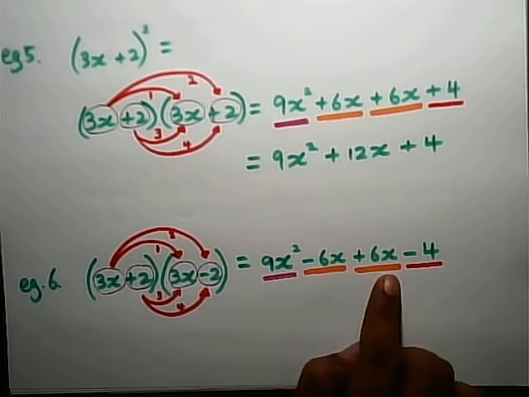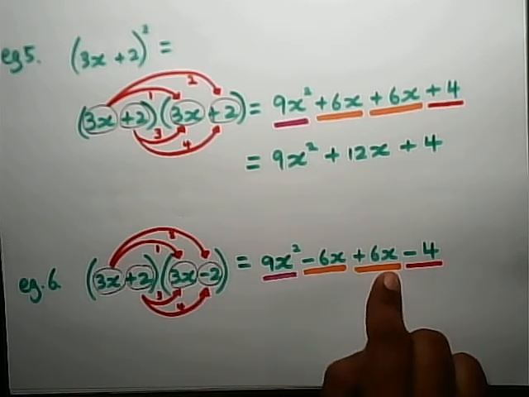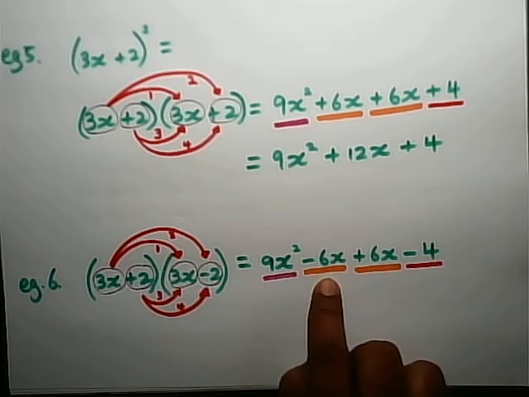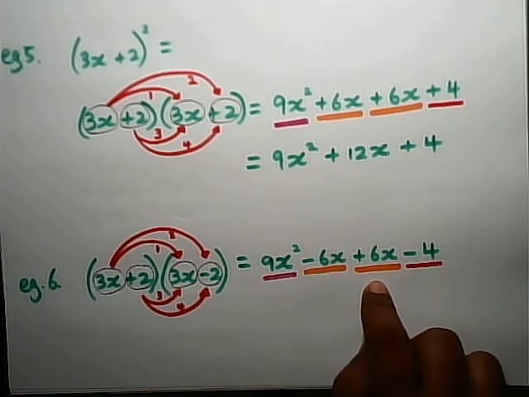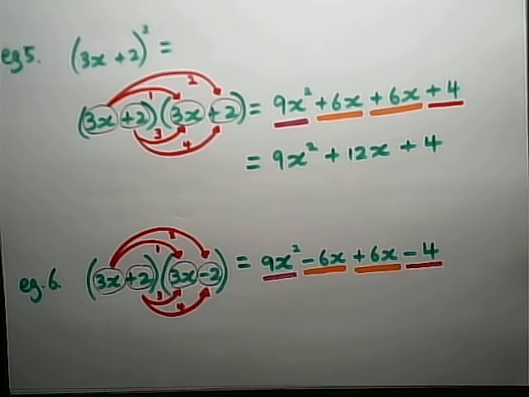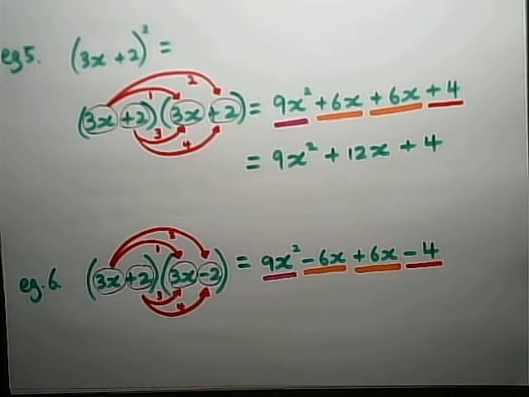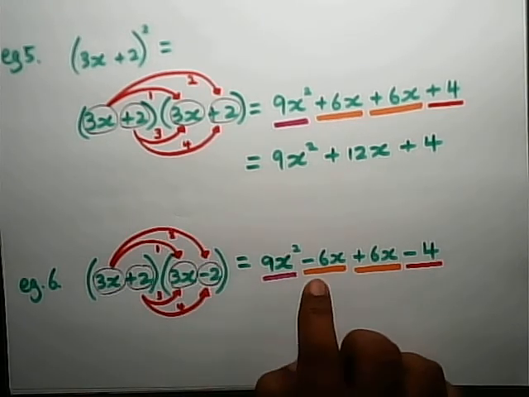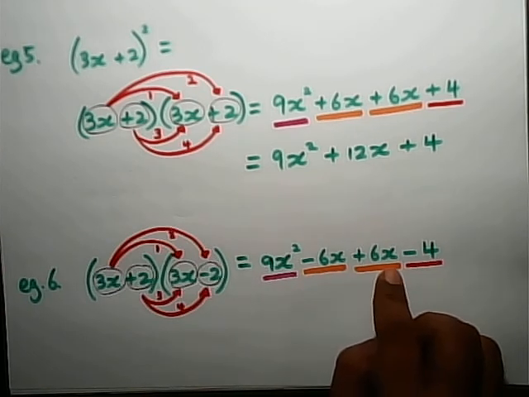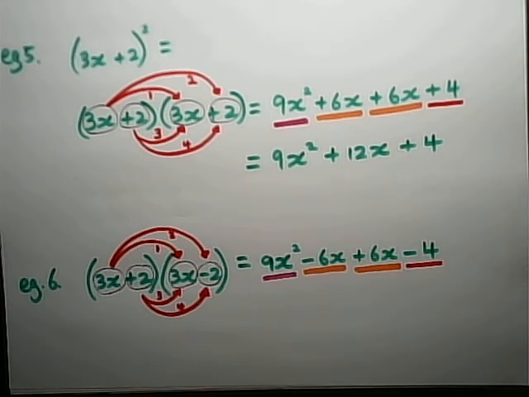Negative 6 add 6. Go for your elevator ride. Start at the 0 floor. Go down 6 floors, and then go back up 6 floors. So you start at 0, you go down 6. When you go back up 6, you'll end up at 0. That means that minus 6x plus 6x is equal to 0.